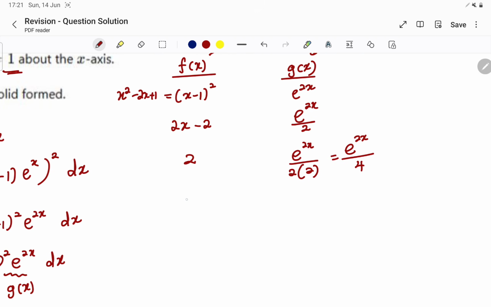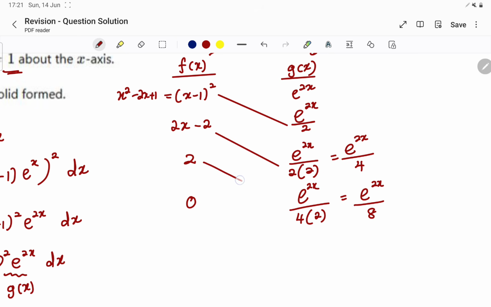Then 2 differentiates to 0, and integrating e to the power of 2x divided by 4 gives e to the power of 2x divided by 8. Then you can draw a line like this, because this is tabular integration, so the signs become plus, minus, plus.